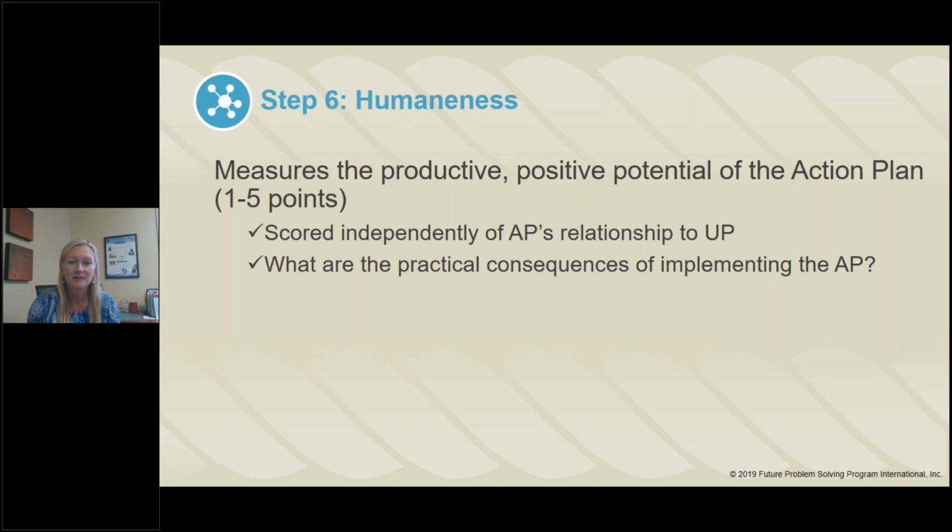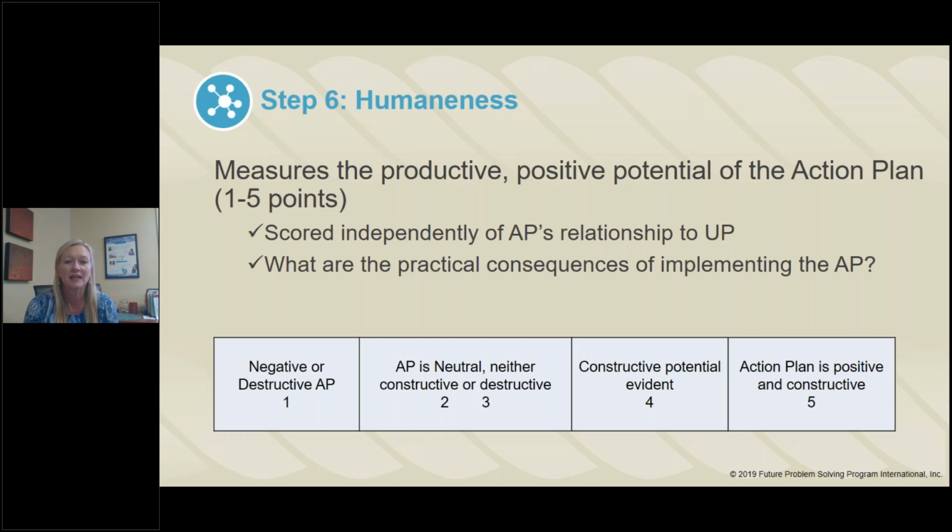If in the solution of de-extinction from the international conference, students were to allow all of the animals that were brought back from extinction to kill off and gobble up all of the existing animals and treat them poorly, that could be considered inhumane because then it would deem that the plan is destructive. And that would result in a lower score. If the plan is positive and constructive, it would earn the highest points of 5. In between there, if you saw that constructive potential, that could earn a 4.